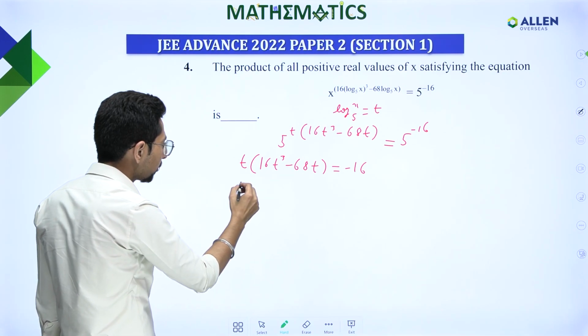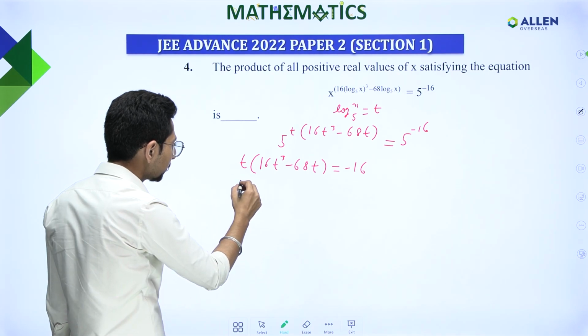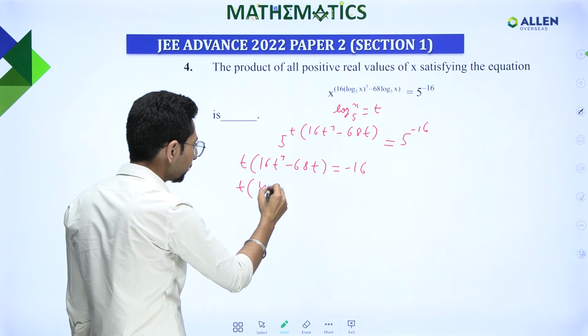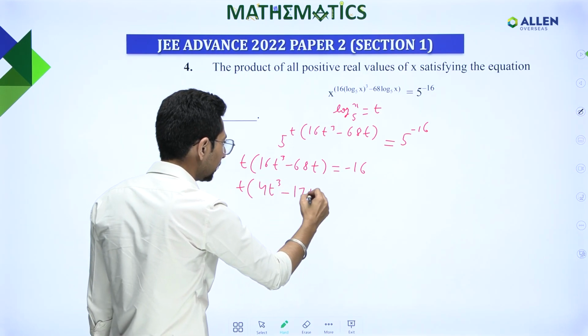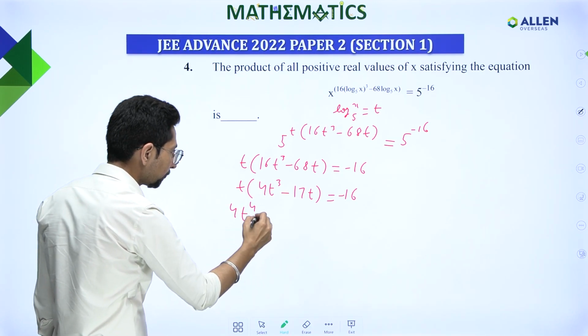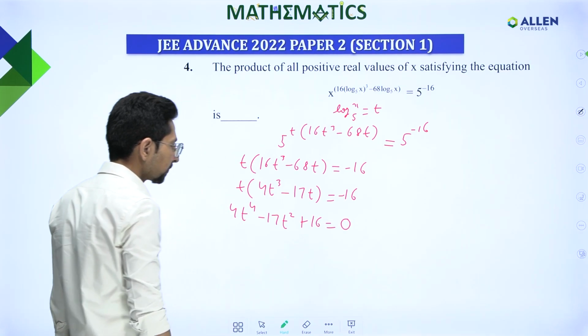Let's take 4 common from both sides and cancel it out. So this will be 4 taken common, 4 t cube minus 17 t, and this is minus 16. So this comes out to be 4 t power 4 minus 17 t square plus 16 equals 0, right?